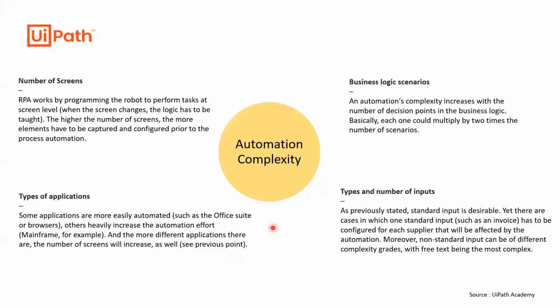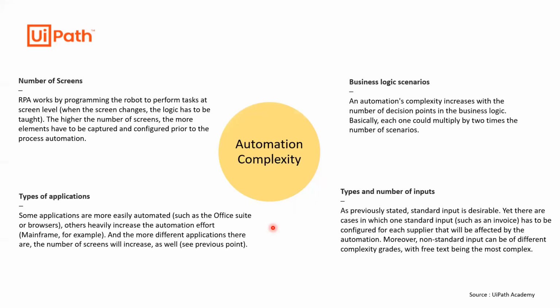If I have to ask you whether this process is a complex process or an easy process, how would you know? How do you know whether the automation is complex or not? And what are the factors which play a role in deciding the automation complexity?